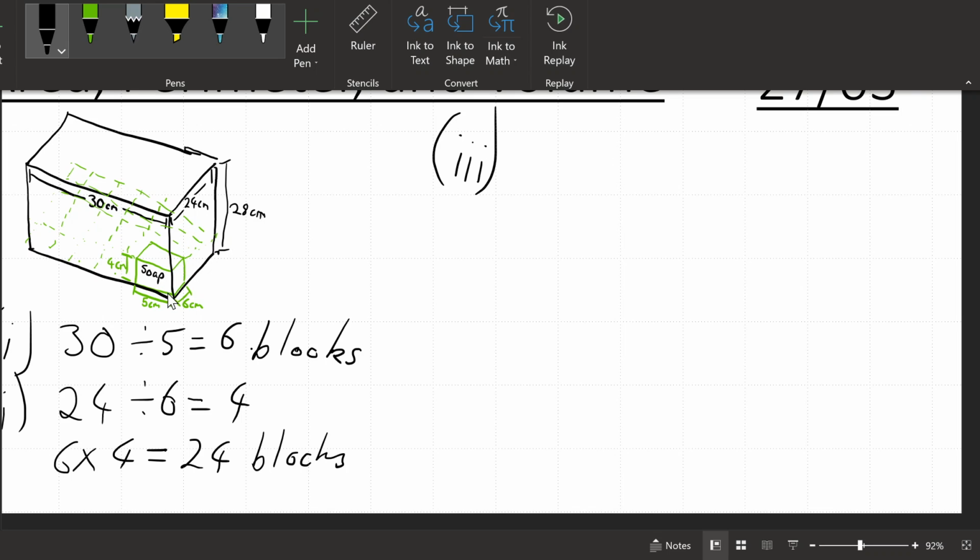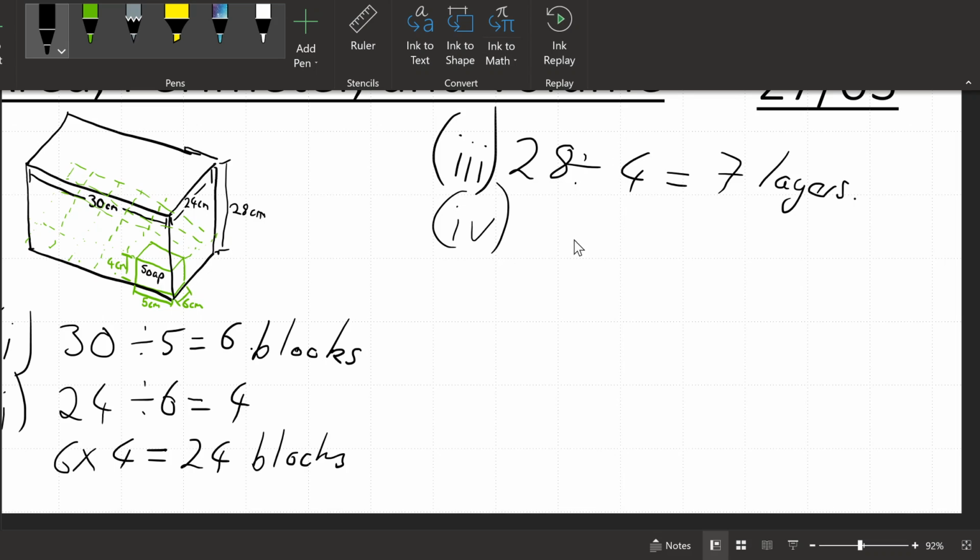So again, we need to go, okay, we've got 28 centimeters, and each box we put on it is going to be 4 centimeters. So we'll end up with, okay, 7 layers. If we stack each layer, how many stacks will we get? Well, we get 7 stacks or layers.